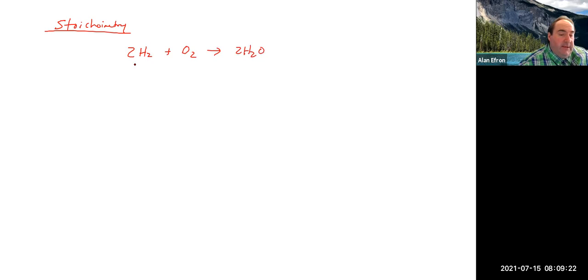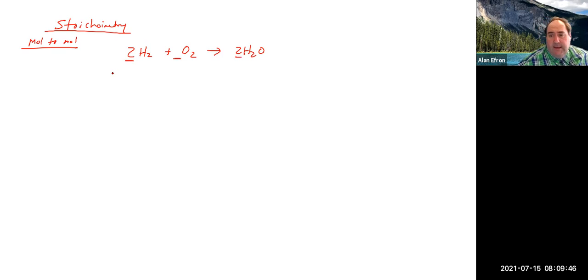Stoichiometry takes advantage of what is sometimes referred to as the mole to mole relationship that you can get from an equation. And what is the mole to mole relationship? In a balanced equation, you go to the coefficients, and the coefficients here represent how many moles of each of those.